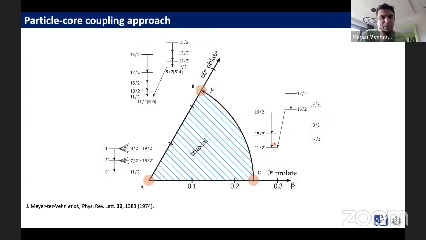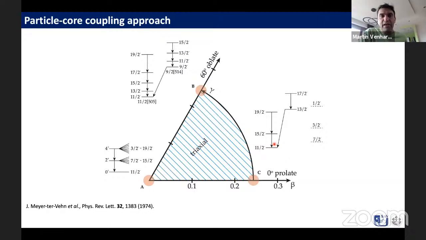The best way, or maybe one of the ways, how we can understand this deformation is via particle core coupling. So it's very difficult, or it's impossible now, to calculate these, let's say, 200 nucleons interacting with all interactions using ab initio models.